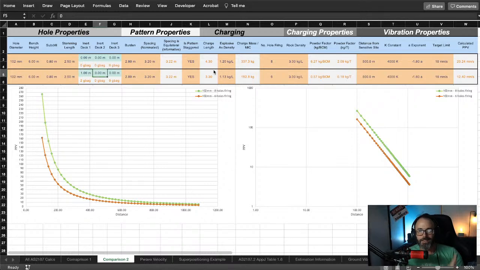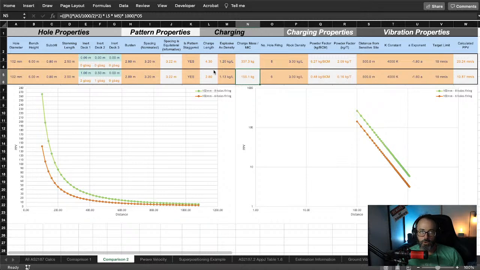We'll call that the second inert deck, and we'll put in 0.5 of a meter, and we've got now an air deck at the top of our stemming column. And we are looking at massive MIC reduction there. Wow. So now we're at 10.87, which is pretty close, getting pretty close.